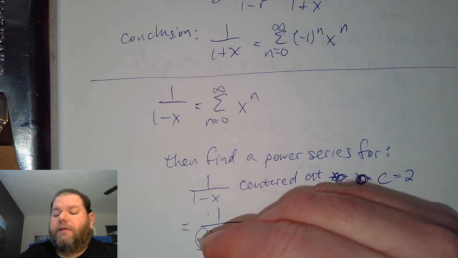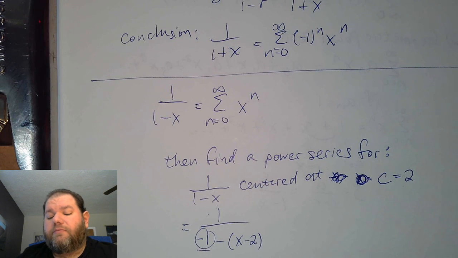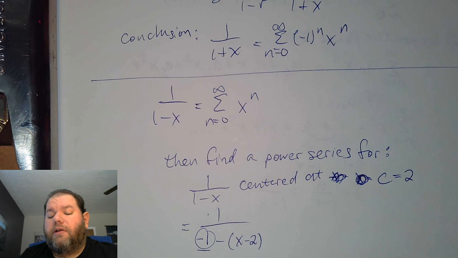So I'm going to say that should be a negative 1. The goal is to find the number that goes here so that when these are all combined back together, it equals 1 minus x still. So you get negative 1, and then minus x minus negative 2. Negative 1 plus 2 makes a positive 1, and then we still have our minus x.